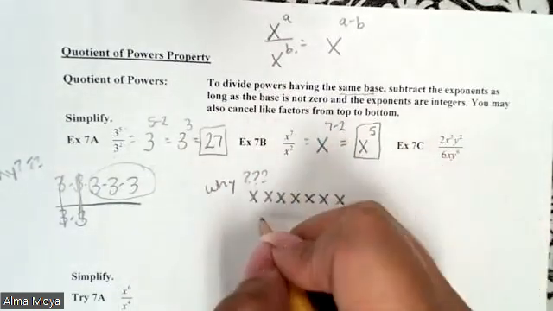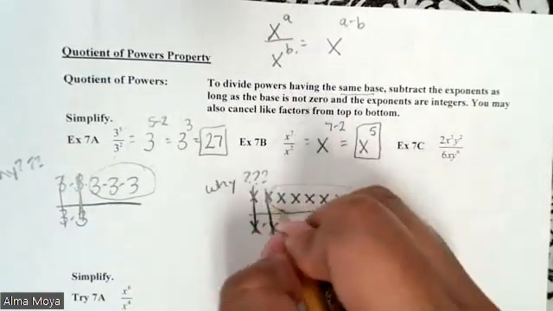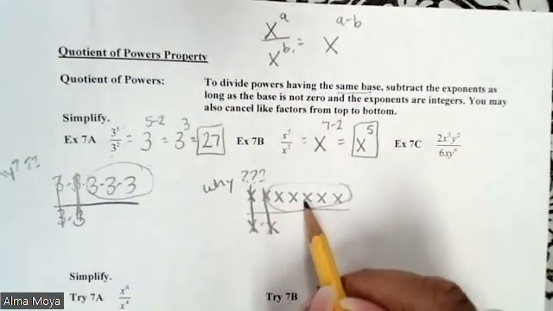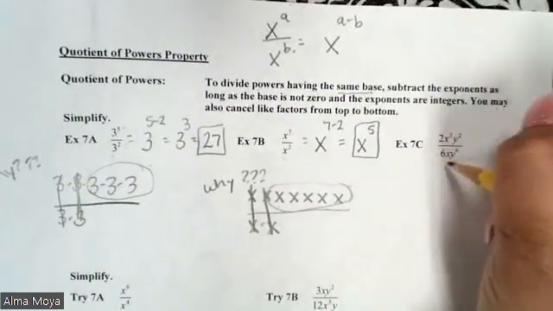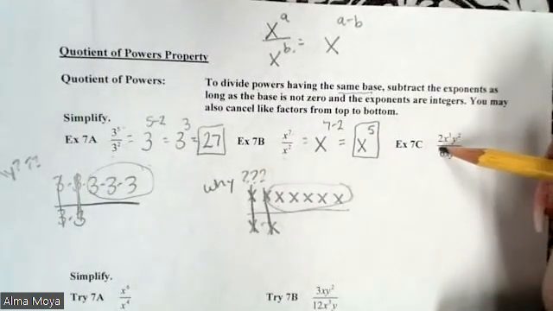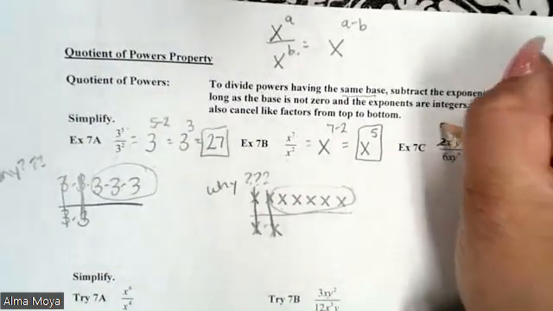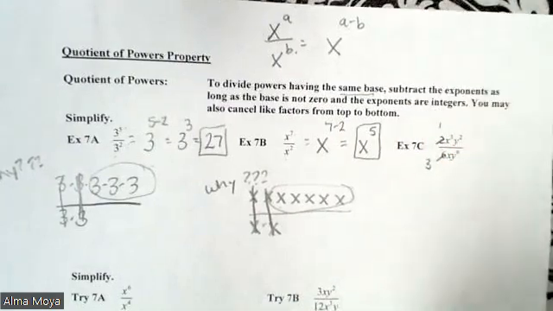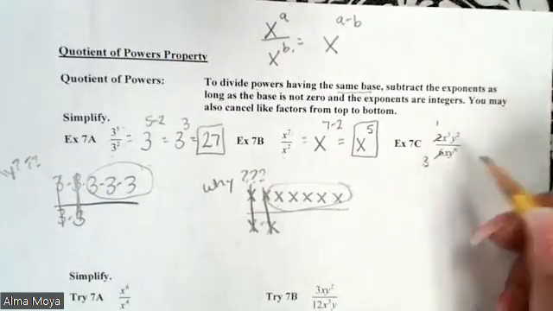And in the denominator, you have 2 x's: 1, 2. So these x's cancel, and look what you're left with. You're left with 1, 2, 3, 4, 5 x's. Now, the numbers are going to be treated like normal. 2 divided by 6. 2 goes into 2 1 time, 2 goes into 6 3 times. So that's still going to be a 1 in the numerator, 3 in the denominator.